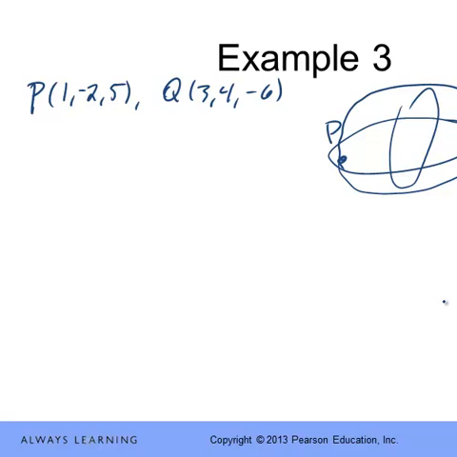And of course, that diameter goes through the center. All right, so we need a point for it to be the midpoint. We need to find the radius. So let's first of all find the distance between P and Q.